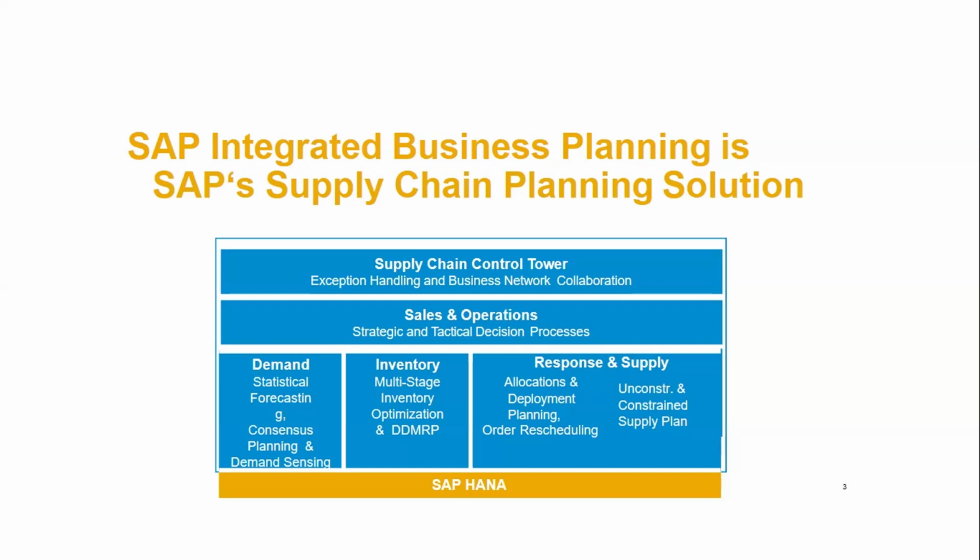Although S&OP covers most of the horizontal processes, if any organization is only willing to utilize demand forecasting and use IBP for that functionality, there is a dedicated module provided by SAP called IBP for demand, which enables the organization to calculate statistical forecasts, use conventional statistical algorithms to predict forecasts, do a lot of time series analysis, understand the sales pattern, and help demand planners come up with the right decisions.